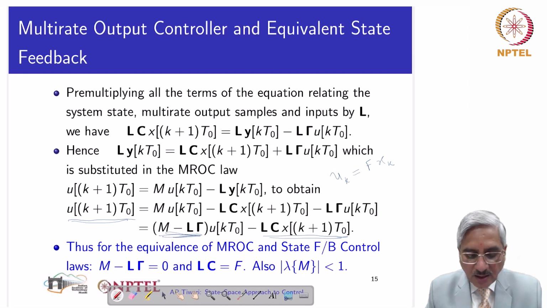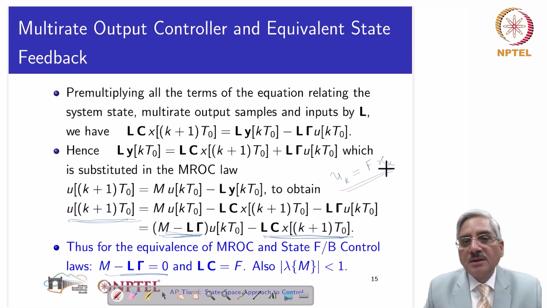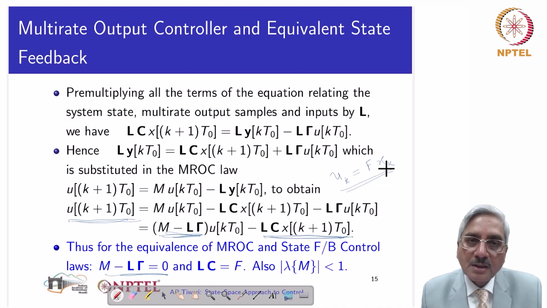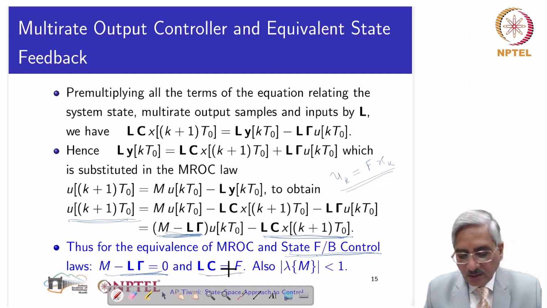If M minus LΓ is 0, then this is equal to this, and that corresponds to this. So the multirate output controller, a controller based on multirate samples of outputs, is equivalent to state feedback control, subject to M minus LΓ being 0 and LC being equal to F.